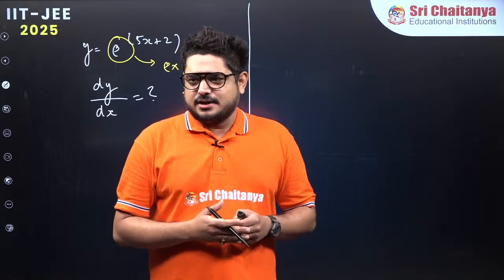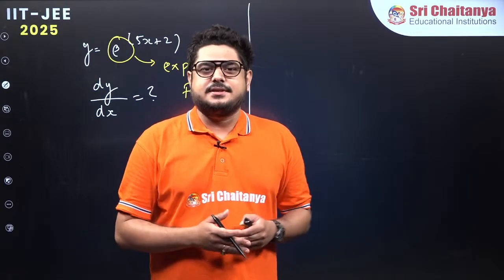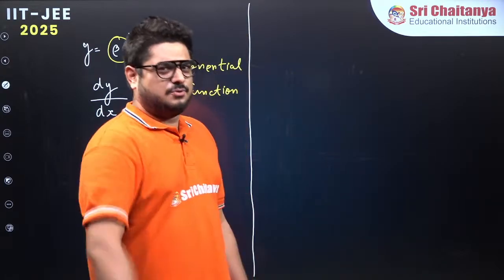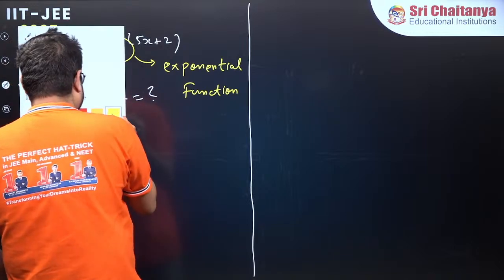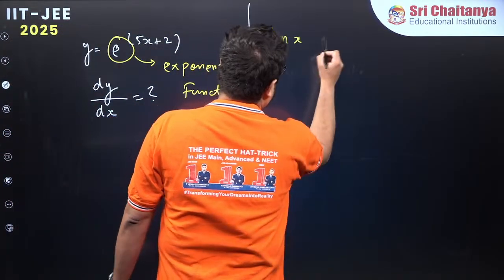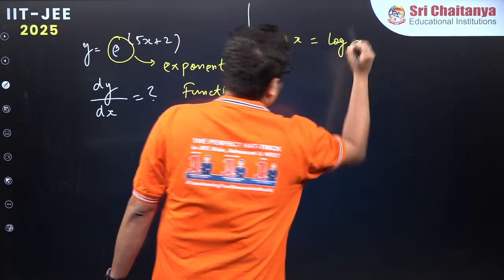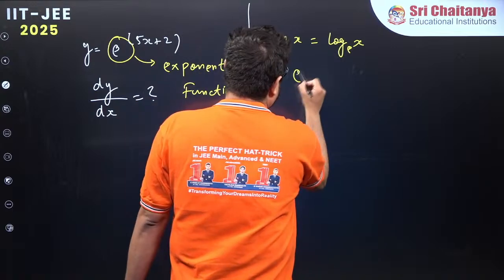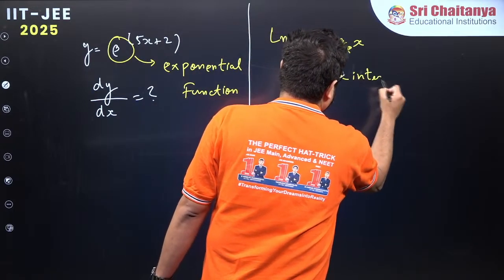Now I will mention certain things: there are two functions, one is ln x, also known as log base e x, and e to the power x, and they are interconvertible.